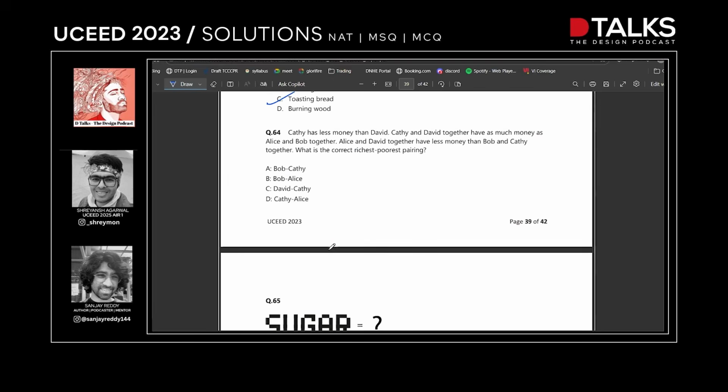Kathy has less money than David. Kathy and David together have as much money as Alice and Bob together. Alice and David together have less money than Bob and Kathy together. What is the correct richest poorest pairing?